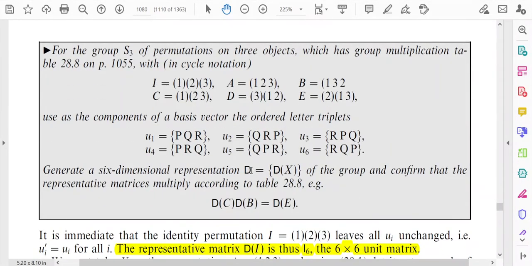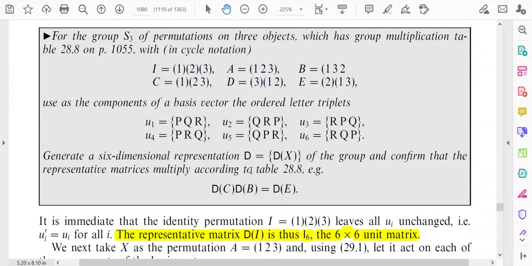Now with one example I will make it clear how to find the representative matrix. So let us take an example. Suppose we are considering the permutation group which we have discussed earlier.